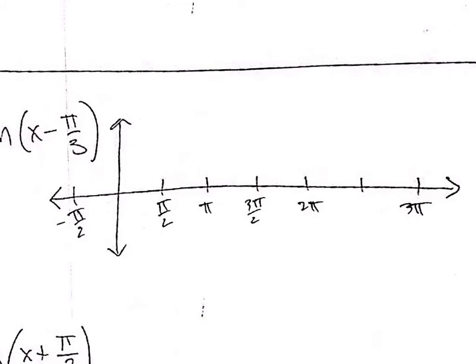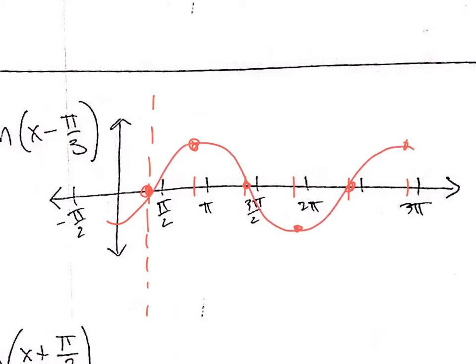So pi over 3 would be approximately right here, 0.33 pi. So sine starts in the middle and then goes up, then middle, then down, then middle, then up, and it would be like this.